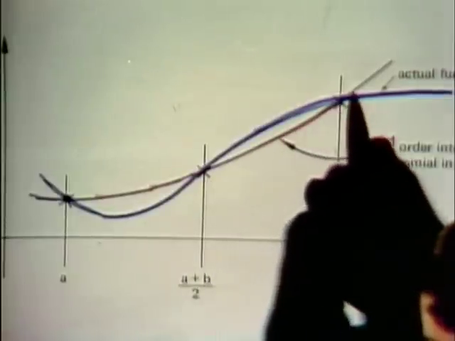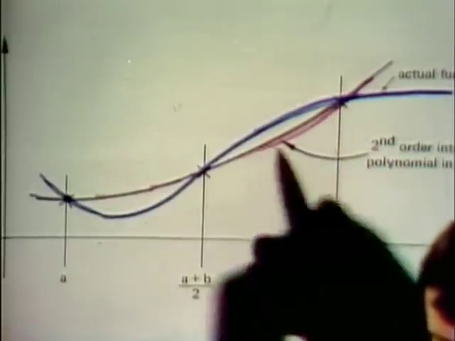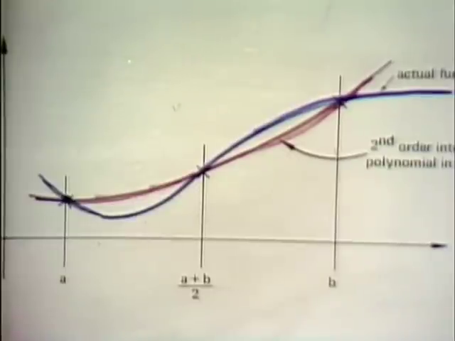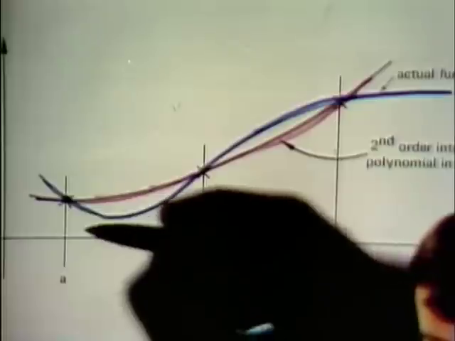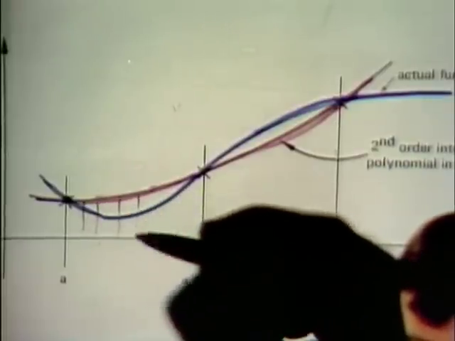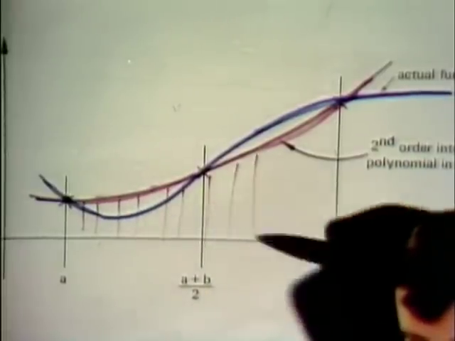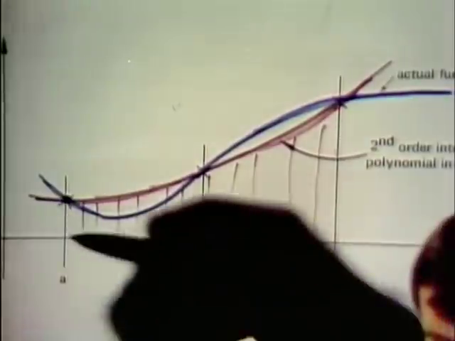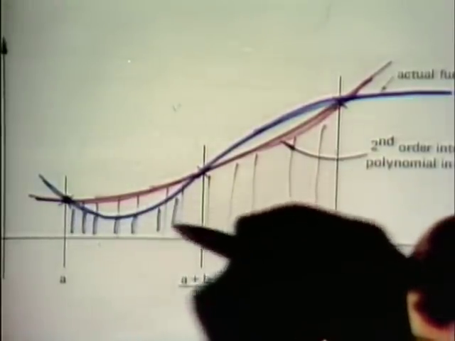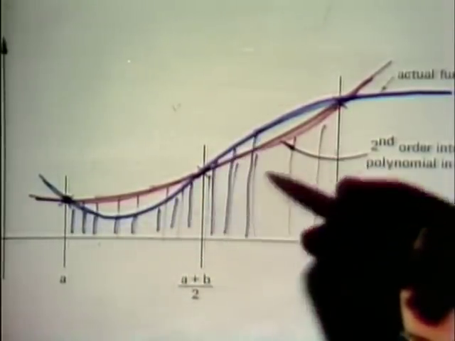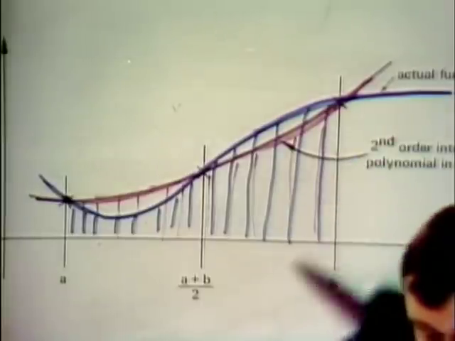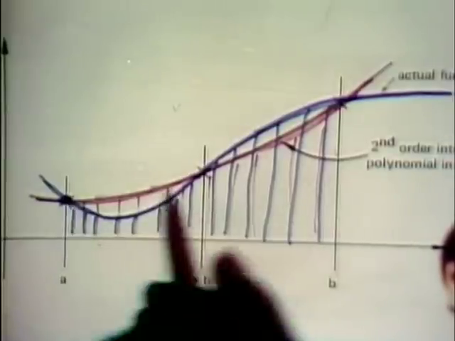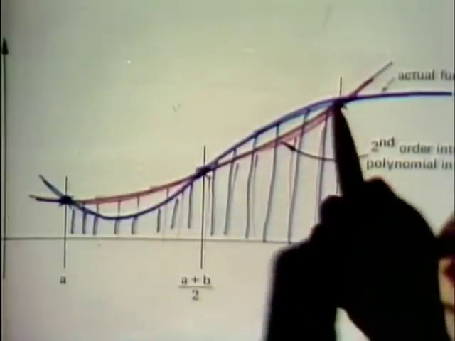Now there it comes. We are integrating the area under the red line. In other words, the assumption is then that this area is close enough to the area under the blue line. And what we need to do is to evaluate, of course, the actual function f at these 3 points.